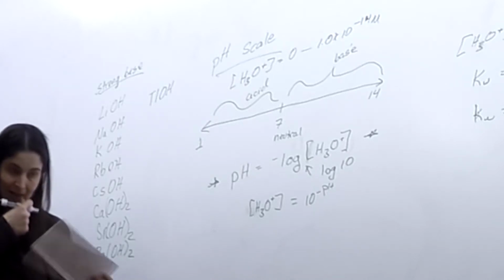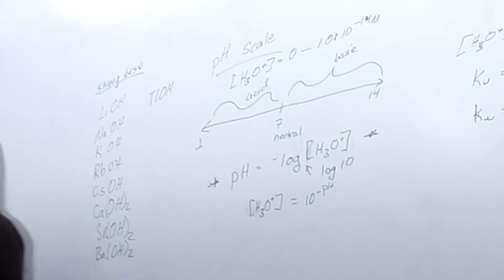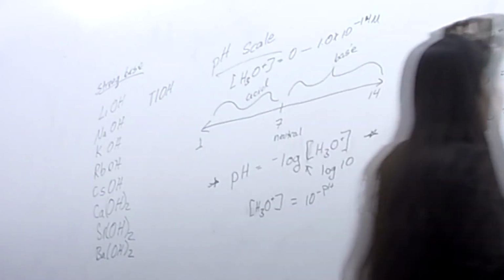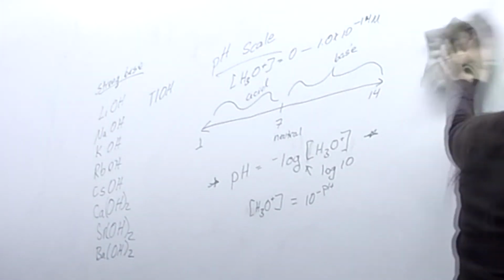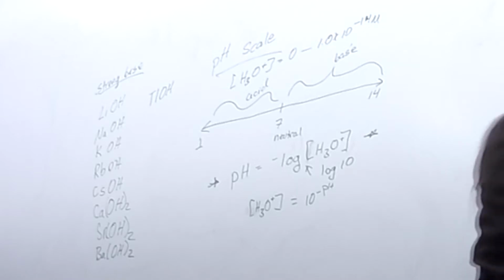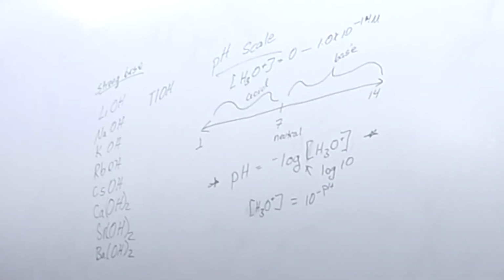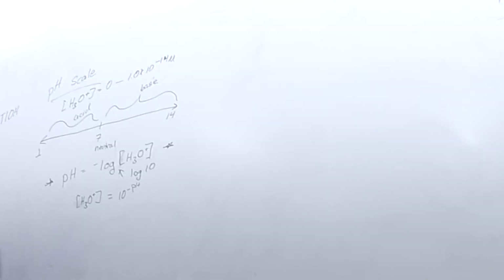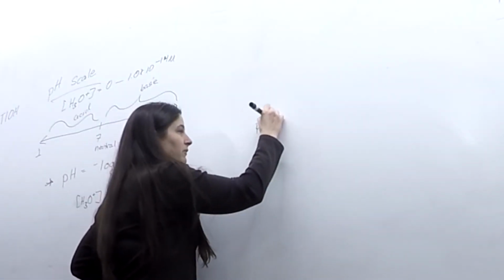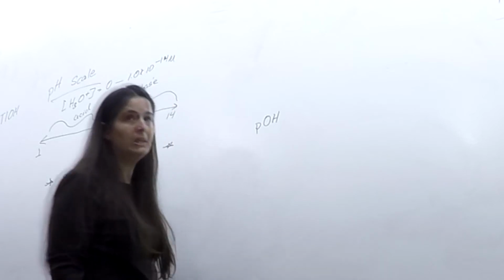Okay? If you're working with a base, we can use these same two equations, only we can modify them to measure the concentration of the OH instead of the H3O. And all we have to do is change the P function from pH to pOH.